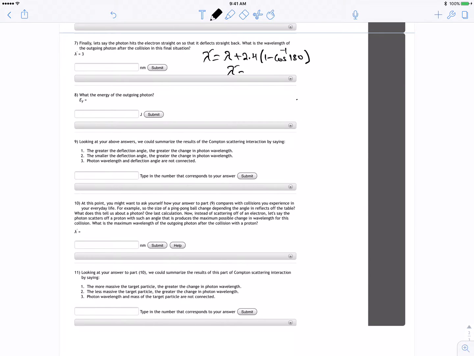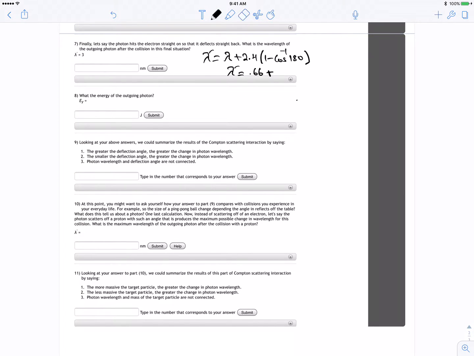So lambda prime will be equal to 0.66 plus 2 times 2.4 e to the negative 3. For this, I got 0.6648 nanometers. Cool.